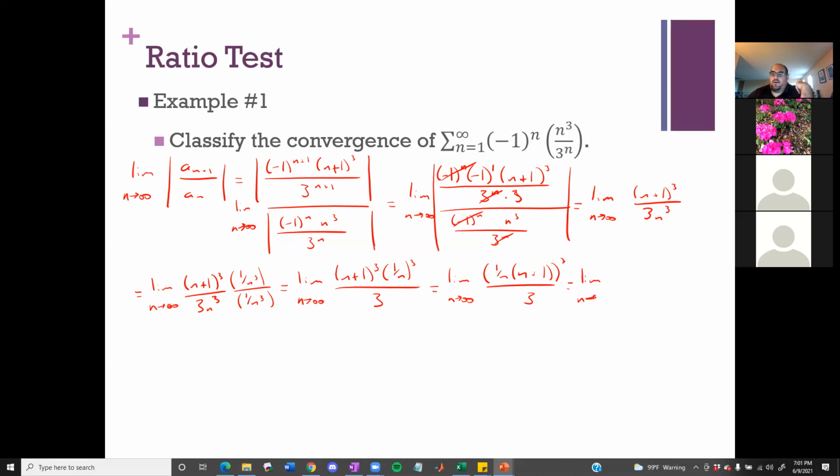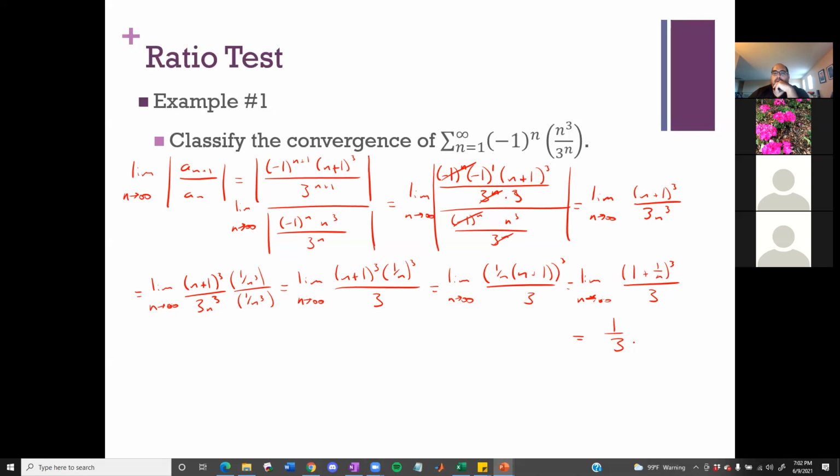And now I can do all those simplifications inside the parentheses. So that becomes 1 plus 1 over n, cubed, over 3. And as n gets really large, that 1 over n will go to 0. So this limit becomes 1/3. So that limit is 1/3.